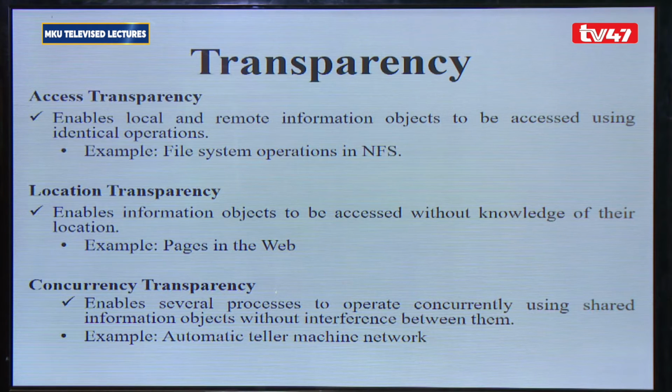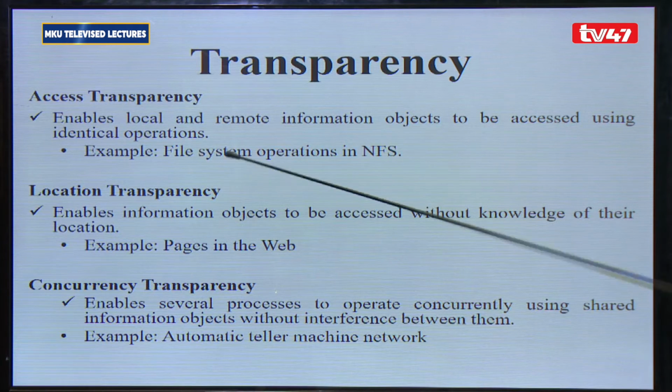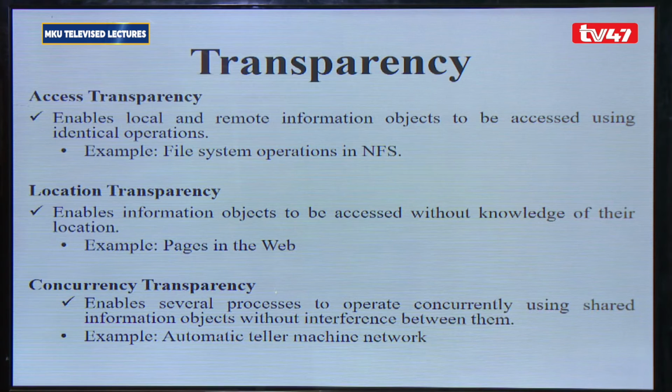Location transparency enables information objects to be accessed without knowledge of their location, or the user knowing where you are. You can imagine when you're using a web browser, the internet service provider may know where you are. So you have the option of enabling the ISP to know your location or not.